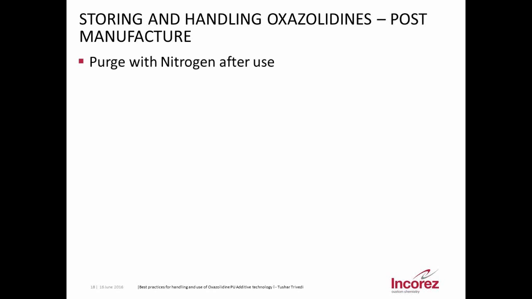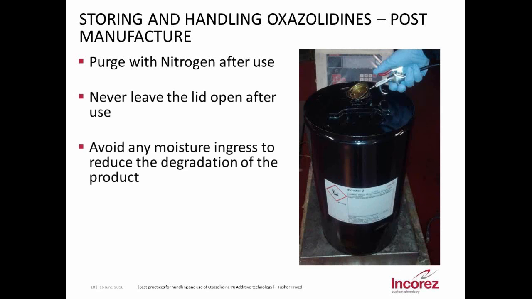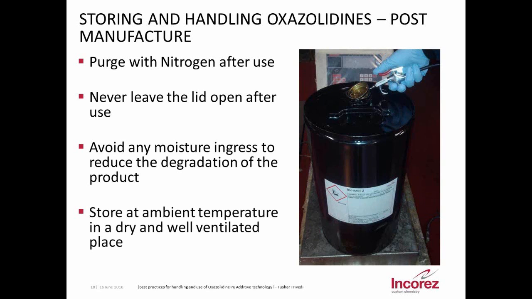So what we suggest is that after use, you purge the oxazolidine drum with nitrogen, as shown here in this diagram. You never leave the lid open after use. You avoid any moisture ingress to reduce the degradation of the product. In terms of storage, you can store this material at ambient temperature in a very dry and well ventilated place.